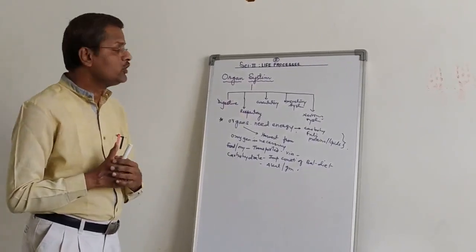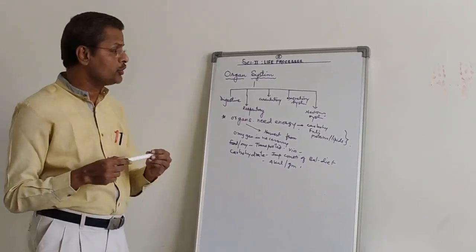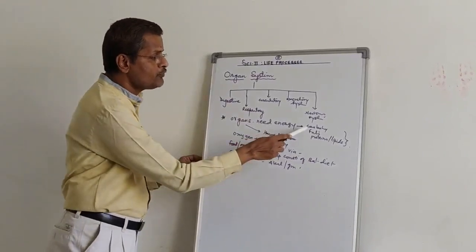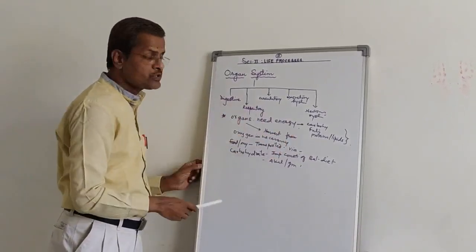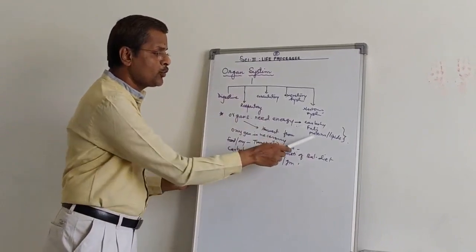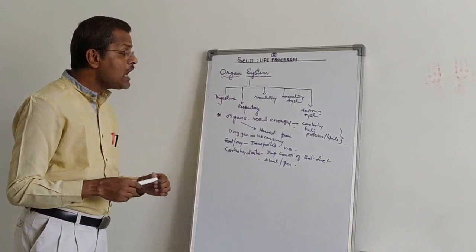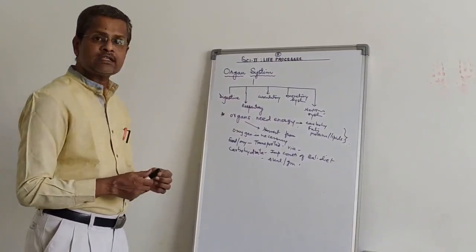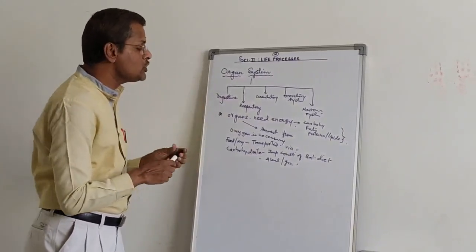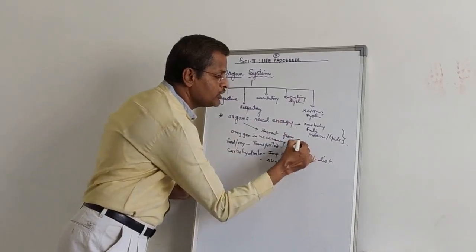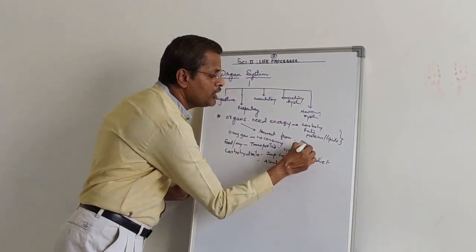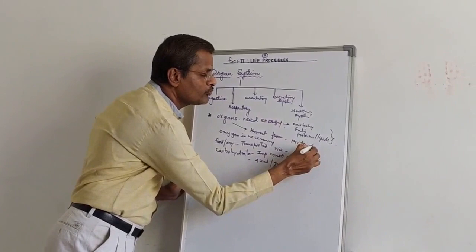Now let us see which are the constituents of food. The constituents of food are carbohydrates, fats, proteins, lipids, etc. Now these organs harvest energy from an organelle called mitochondria.